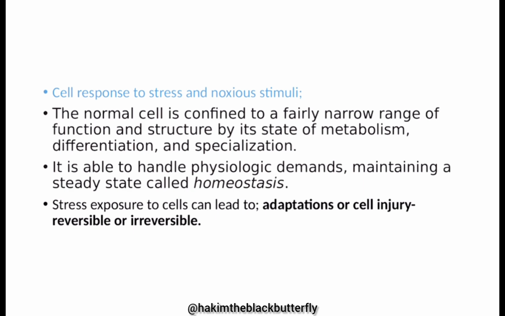We say the normal cell is confined to a fairly narrow range of function and structure by its state of metabolism, differentiation, and specialization. It is able to handle physiological demands, maintaining a steady state called homeostasis.